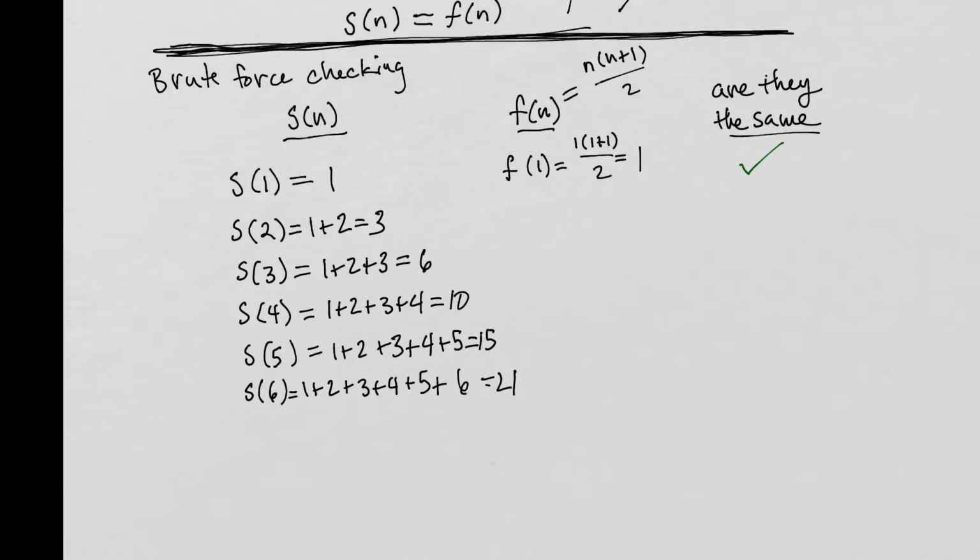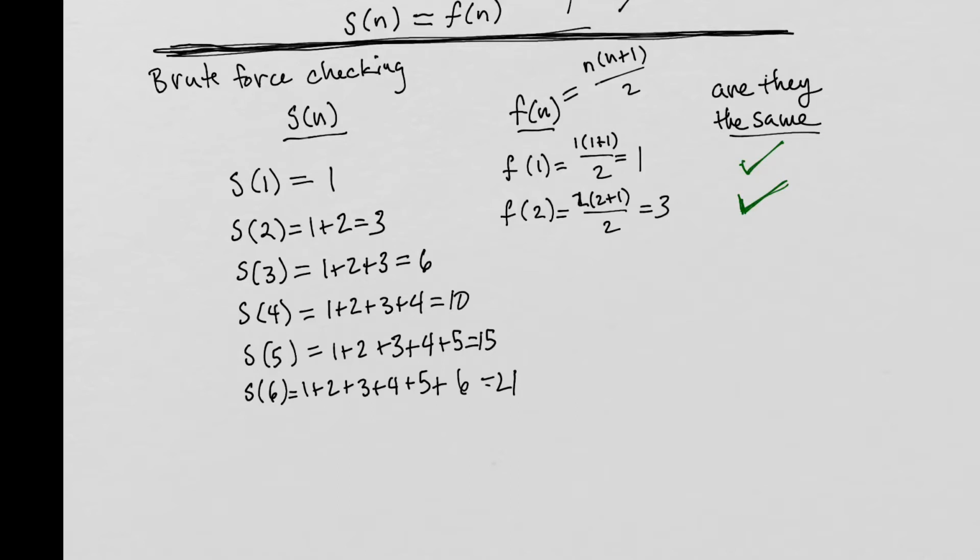Now we can check f of 2, which is equal to 2 times 2 plus 1 over 2. So 2 times 3 is 6, divided by 2 is 3. 3 and 3 are the same, so S of 2 and f of 2 are the same.